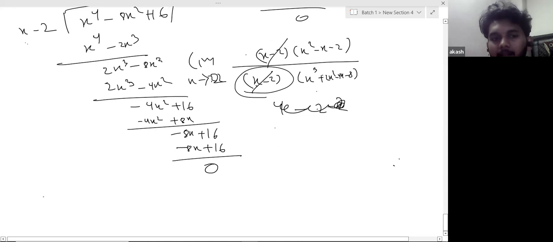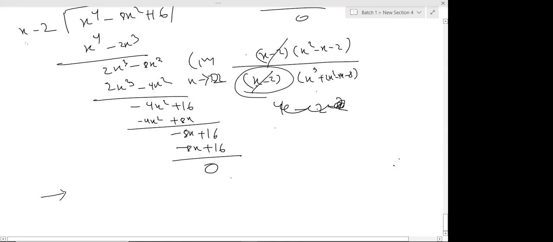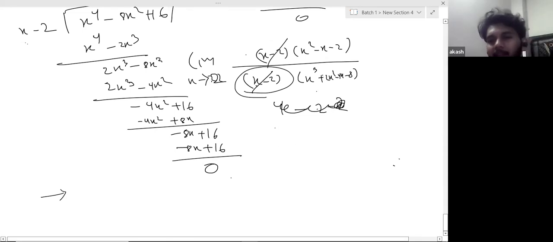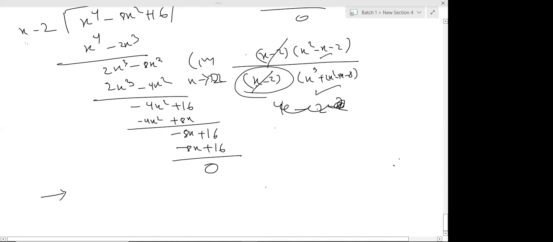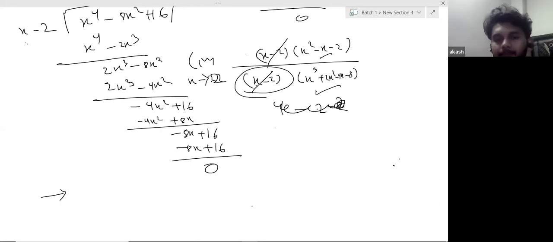There are indefinite forms. Whenever you face such a thing, just factorize or rationalize. We're going to learn rationalization in the next class. So again, you have to factorize. Gautam, this is clear?